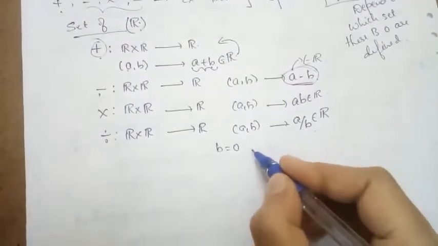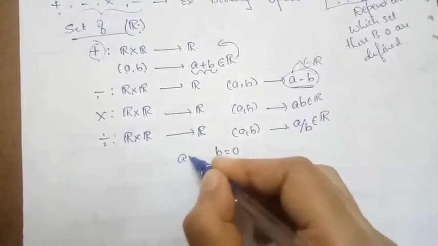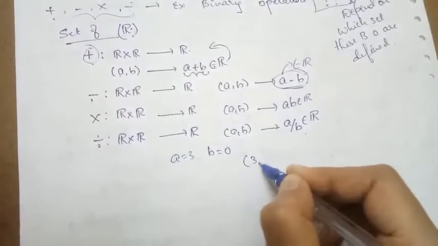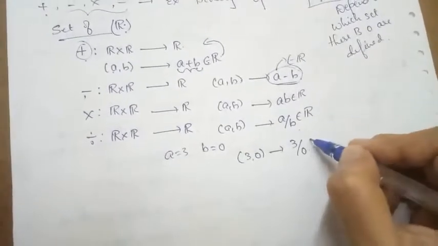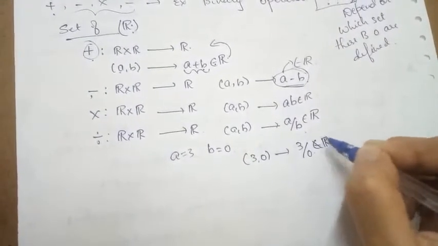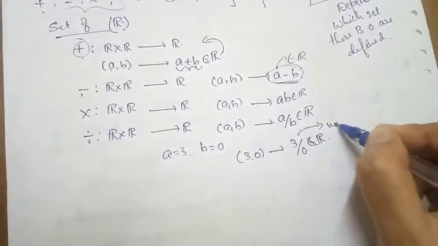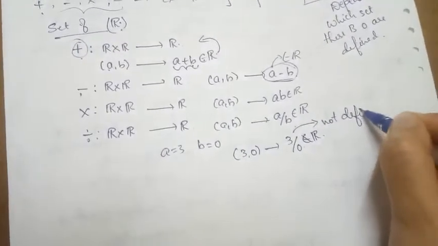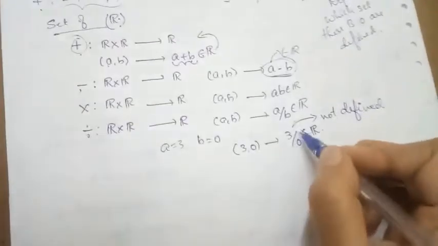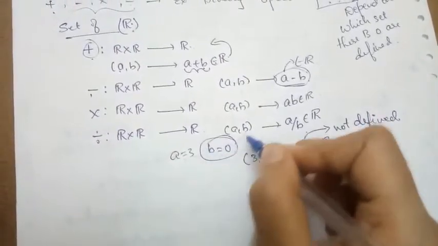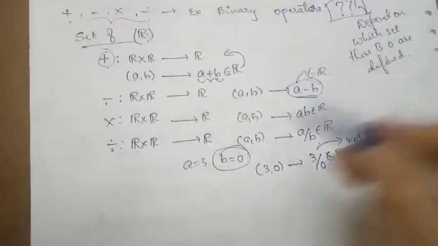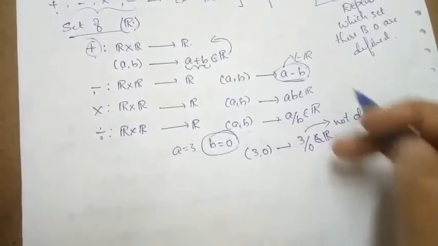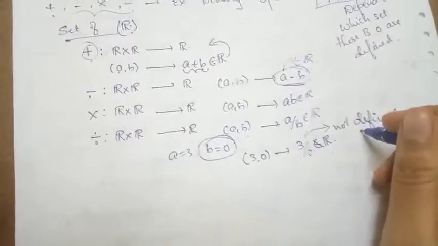Suppose I take a equal to 3, so (3, 0) implies 3 by 0. This does not belong to real numbers because this one is not at all defined. So when b becomes 0, whatever the element a, the result is not at all defined.